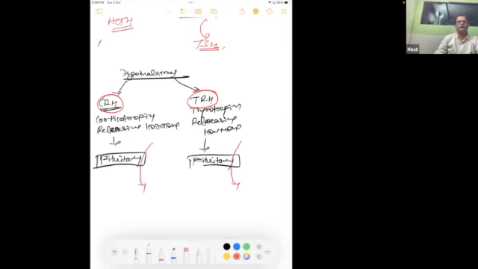अब pituitary gland कौन से हार्मोन का निर्माण करेगी? The pituitary gland will make ACTH. This will work on the adrenal gland. ACTH means adrenocorticotropic hormone.